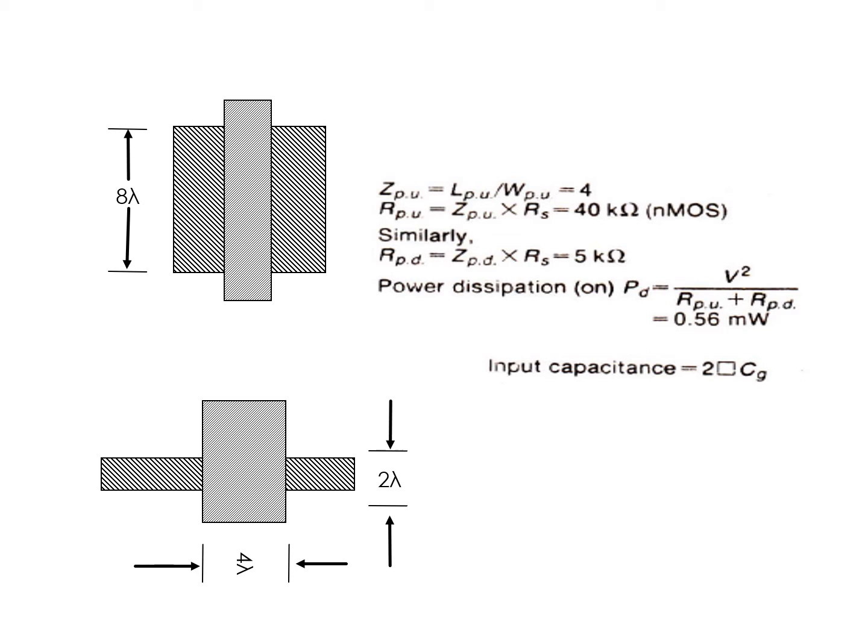There will be some slight percentage of power dissipation. No circuit is going to have zero power dissipation. So this is the example with respect to the gate.